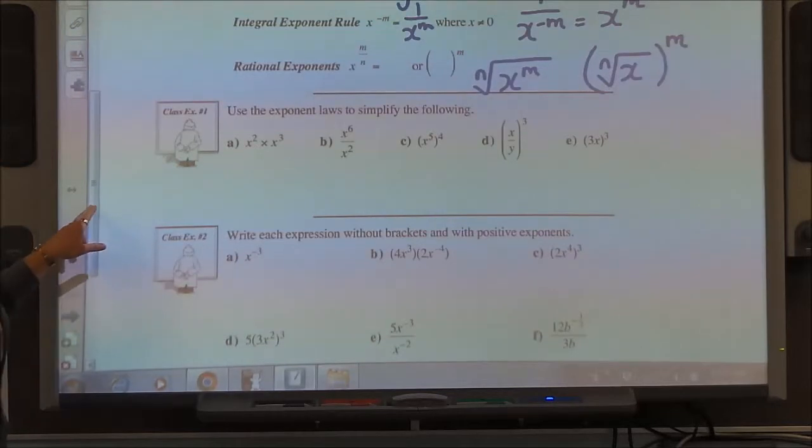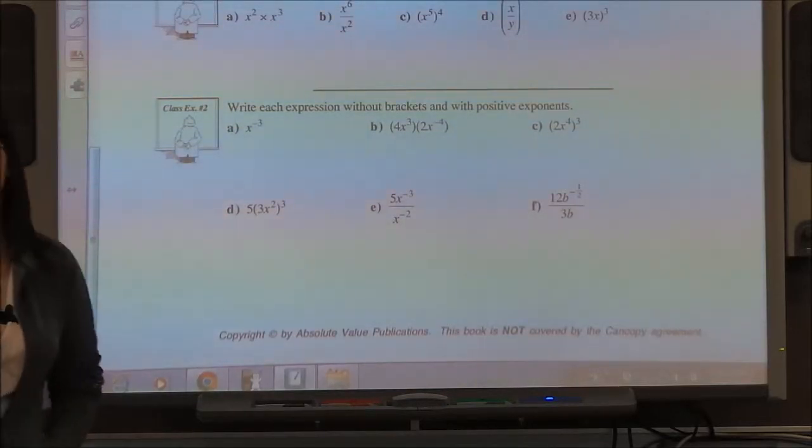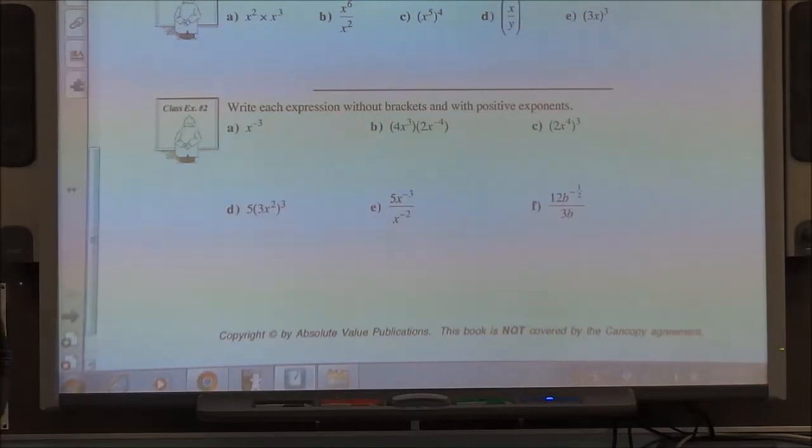Okay, so now we're going to go through and do practice. 5x squared times x cubed, what would that be as a simplified power? X to the power of what? 5.